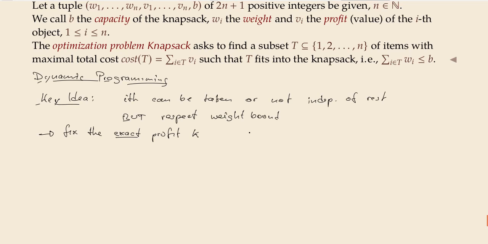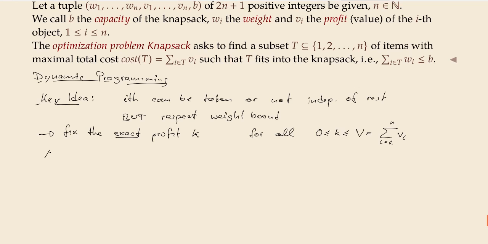And if we do that for all possible values of k between 0 and v, which is just summing over all items the value, then we are sure that our optimal solution will be one that has in the end the profit k for some of these values. And here you sum values of the input, not lengths of encoding, so this will be where pseudopolynomiality comes in.